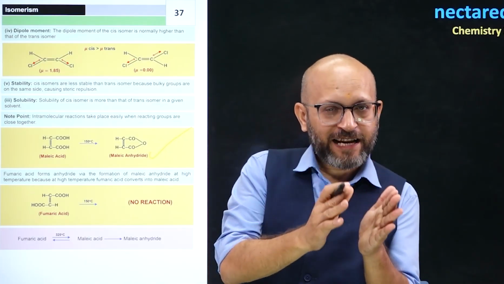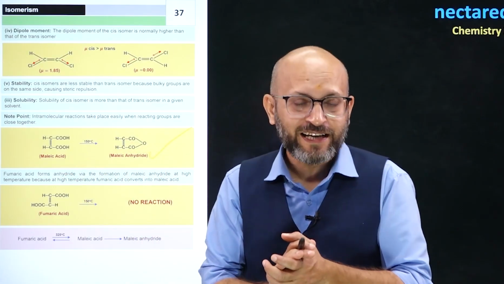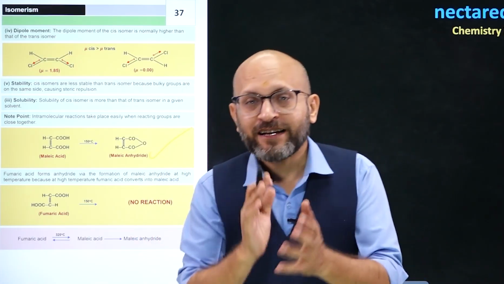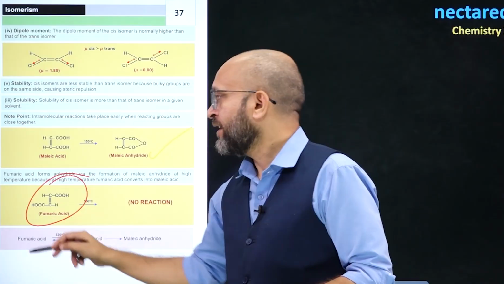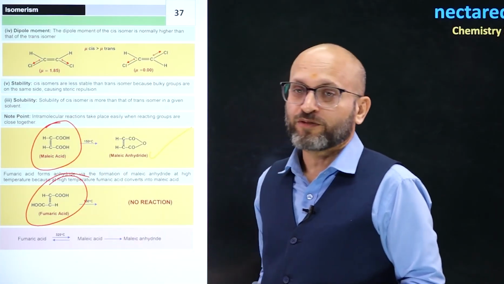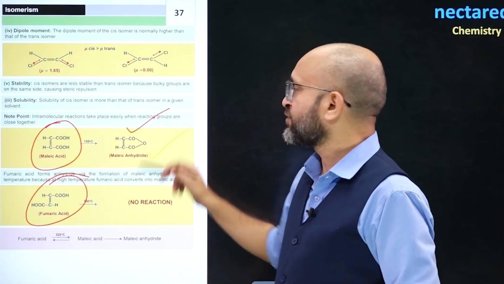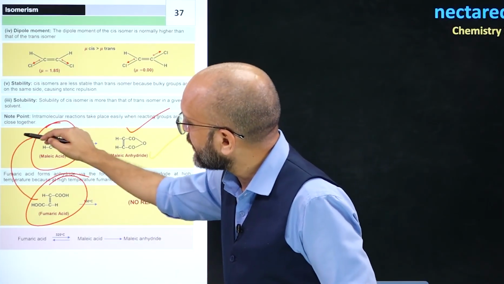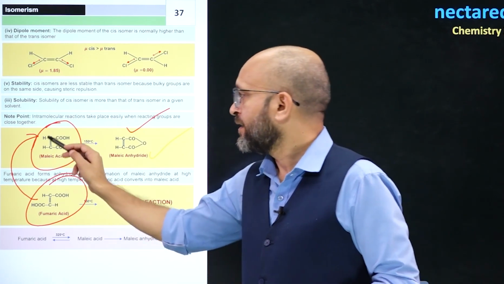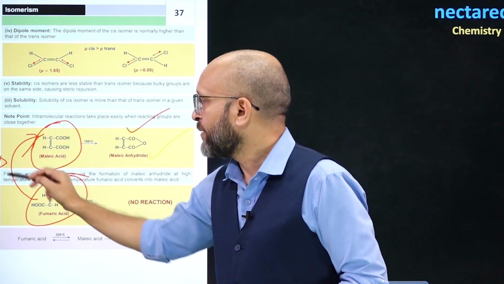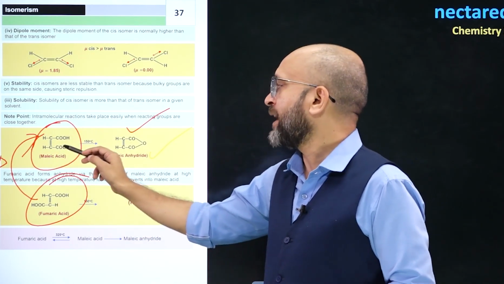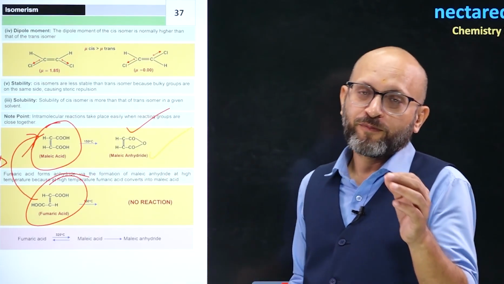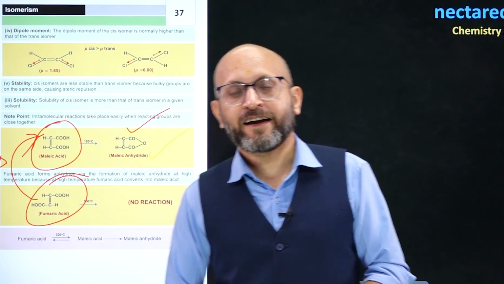So maleic acid can be directly converted into its anhydride by heating, because it is a cis isomer, whereas fumaric acid will first be converted into maleic acid. First on heating fumaric will be converted into maleic, then maleic will be heated to convert into anhydride. So fumaric acid will also give maleic anhydride.